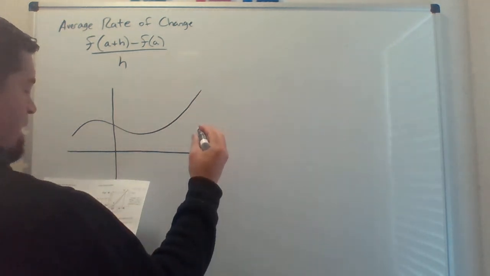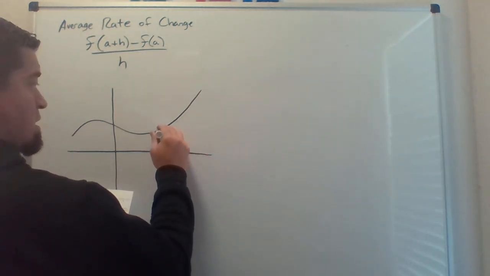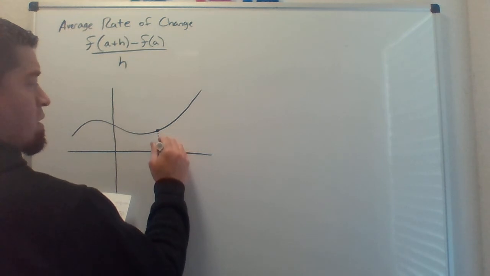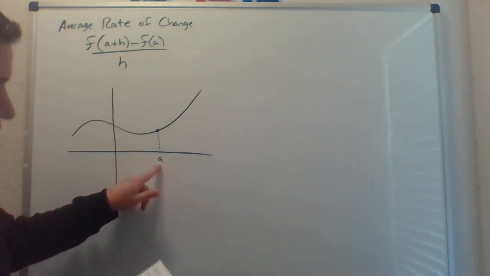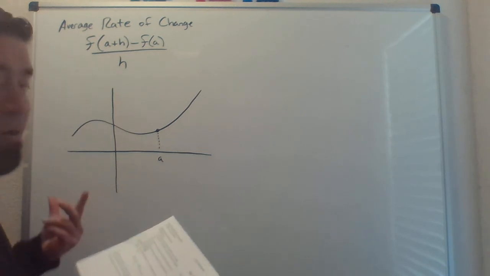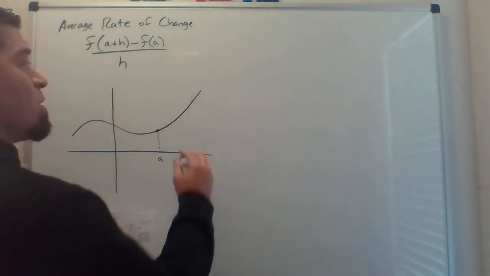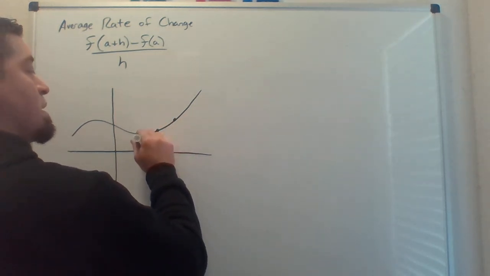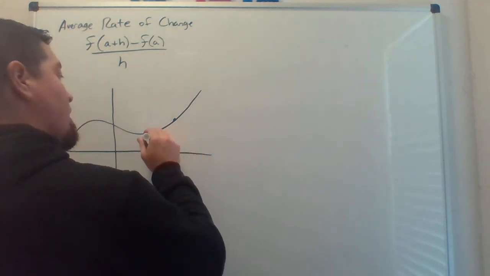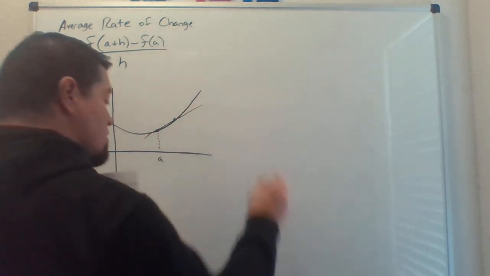Let's say we wanted to find the slope at that point A. How might we do it? Well, we could get an estimate between these 2 points, and we can find the slope between those lines.